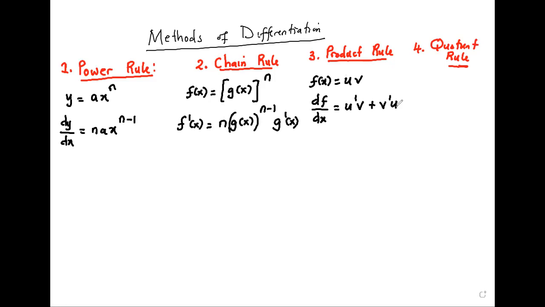Where I put that prime, it means differentiate. And then the fourth one, if you're having a function f which is u over v, the derivative is going to be: you differentiate u multiplied by v, minus differentiate v multiplied by u, then divide by v, but it must be squared.